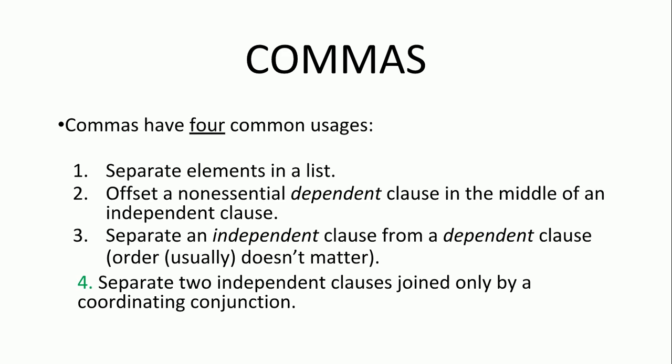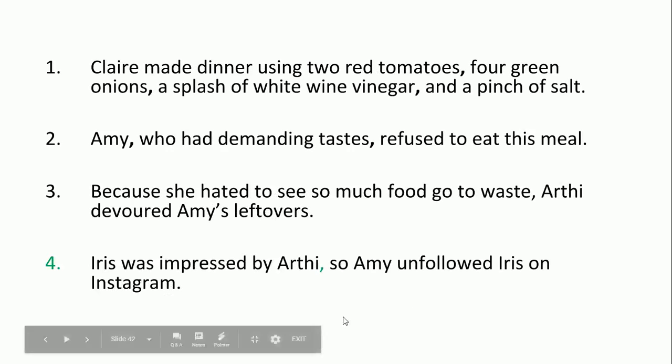It's the thing we talked about back at the beginning of lesson 1 a week ago, when we talked about how to resolve run-on sentences and comma splices. You add a comma and a coordinating conjunction. And that's what this is saying. You can use a comma to separate two independent clauses if there's also a coordinating conjunction involved. So down here, Iris was impressed by Arthi, so Amy unfollowed Iris on Instagram.